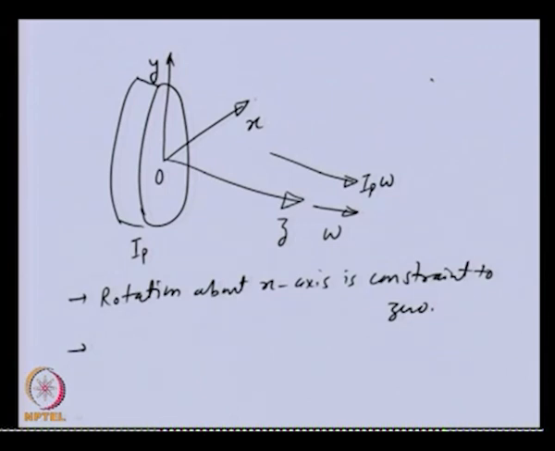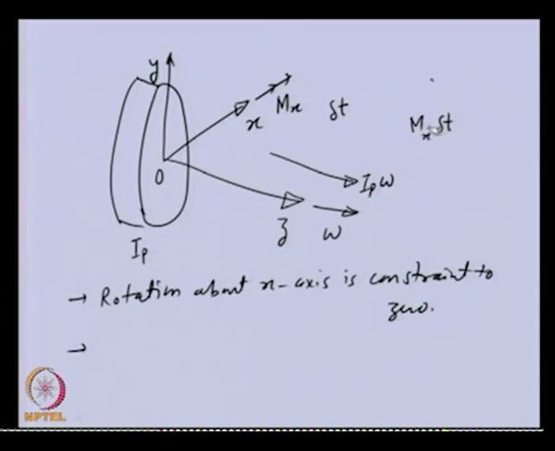We are applying a moment in positive x direction, Mx, for a small time duration, let us say delta t. Because of this moment applied for a small duration delta t, there will be a change in the angular momentum.